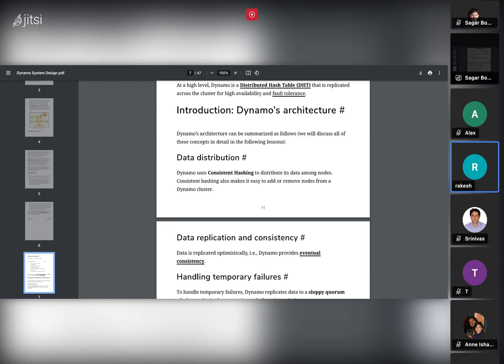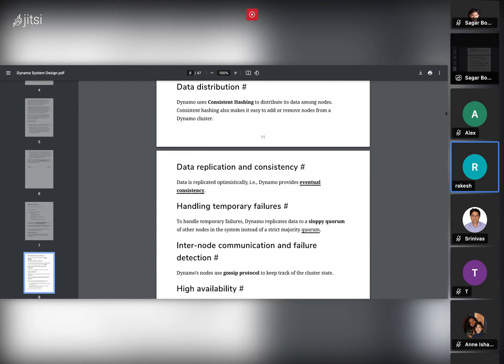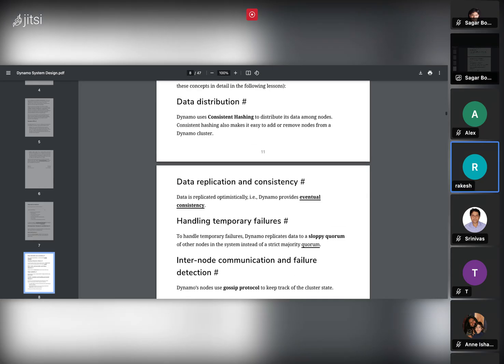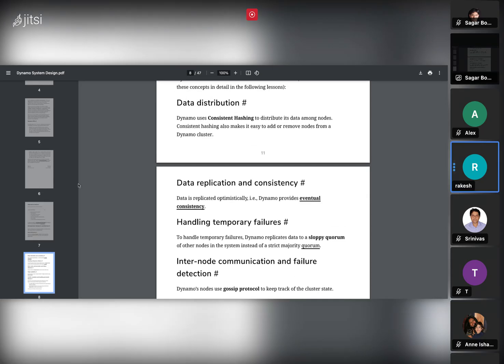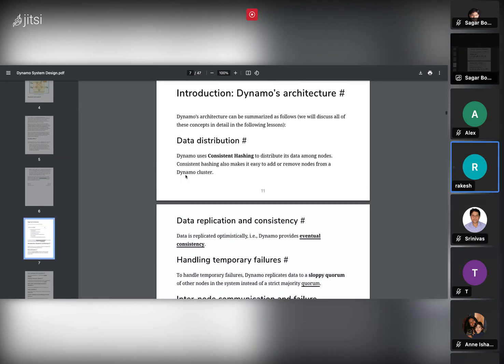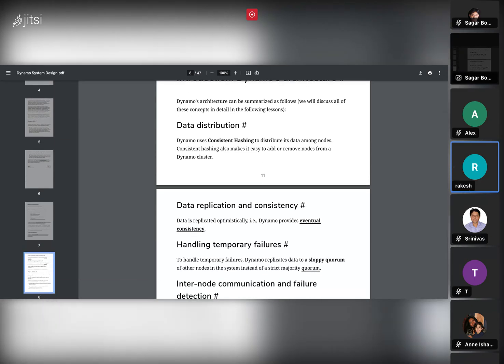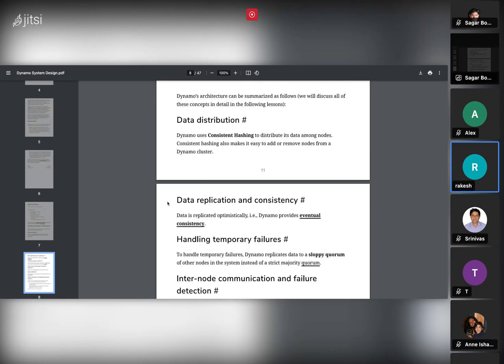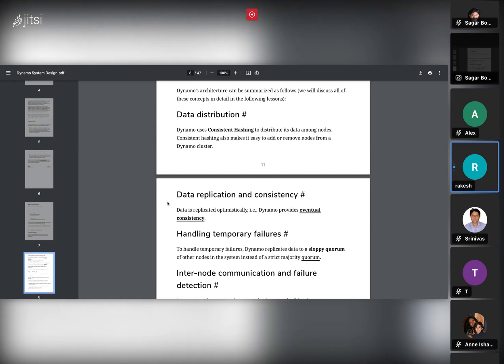Consistent hashing also makes it easy to add or remove nodes from a Dynamo cluster. Same things, right? A Dynamo cluster is a multiple of nodes, like Kubernetes.